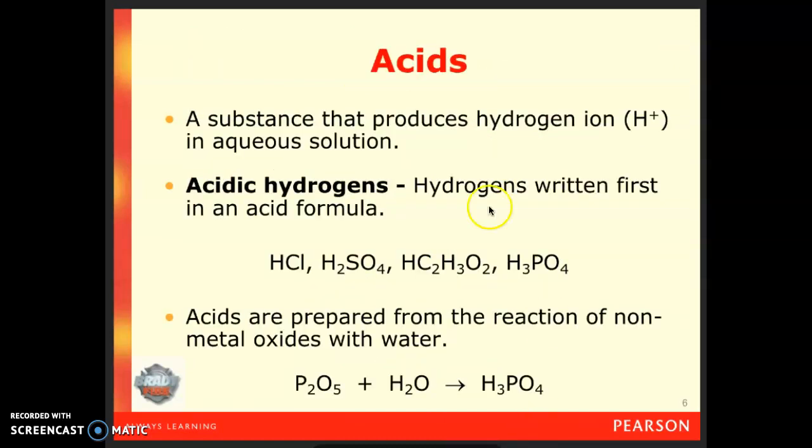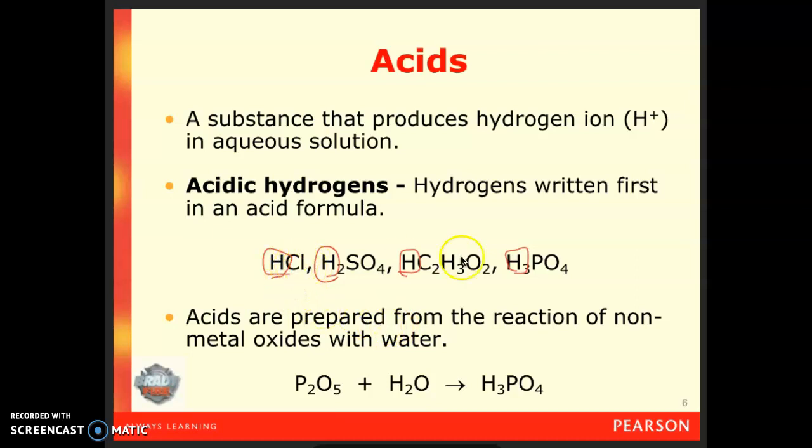As we mentioned before, our Arrhenius definition tells us that a substance that produces a hydrogen ion in solution is an acid. And we can tell acids apart in their chemical formulas by the presence of those acidic hydrogens. So when we have hydrogen at the front of a compound, that is a good telltale sign that it is an acid.